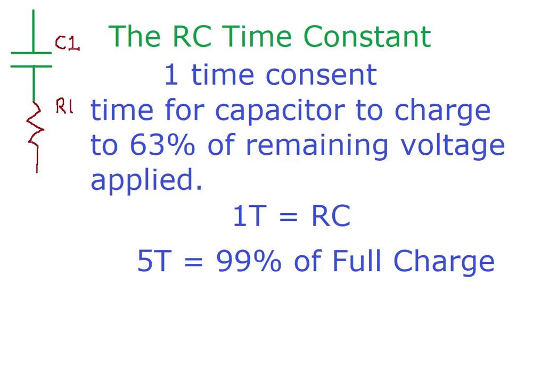Now, to fully reach our full charge, it takes 5 time constants to reach about 99% of full charge.